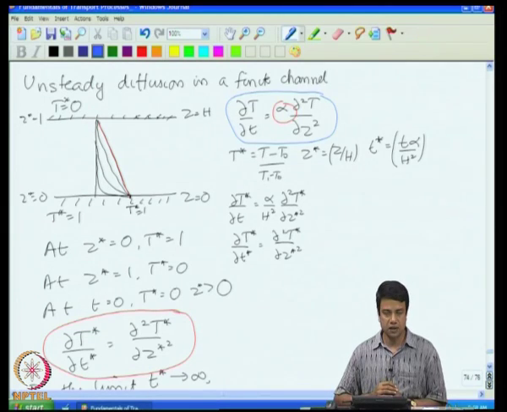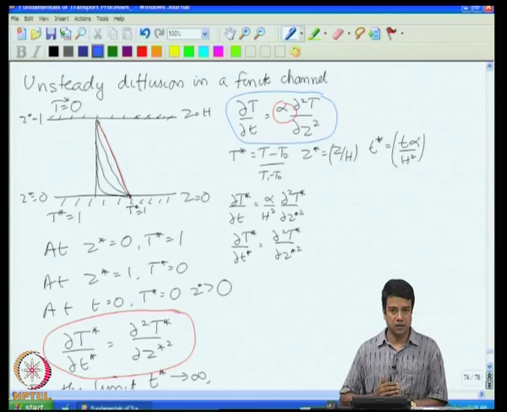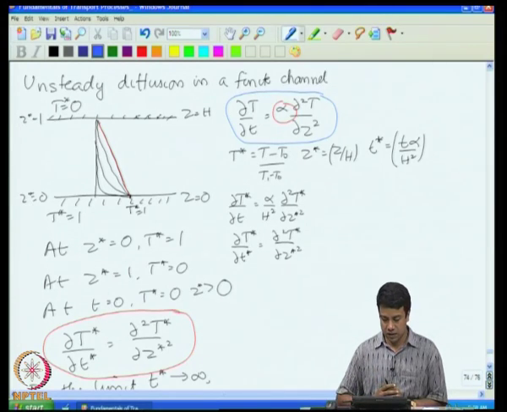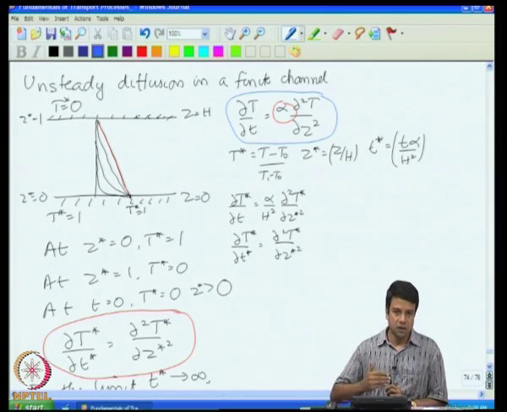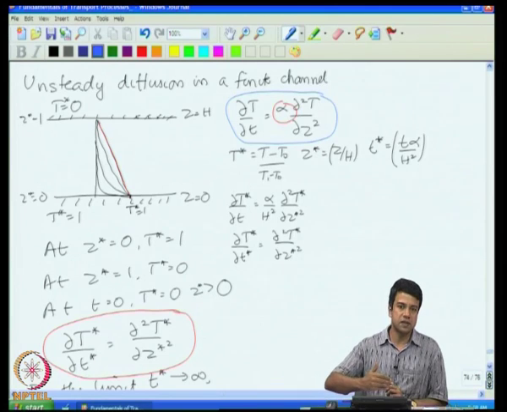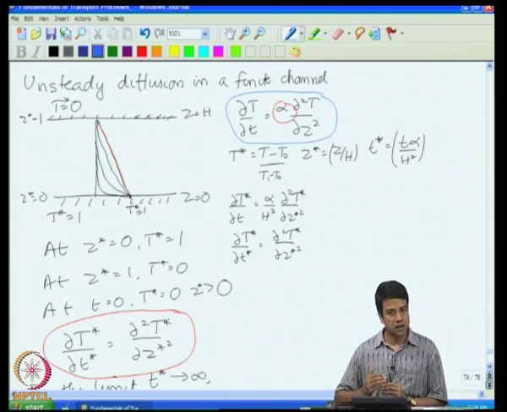Physically, this can be interpreted as follows: alpha by h square. If the time is h square by alpha, that is the time it would take for thermal diffusion of energy over a distance proportional to h. So, this h square by alpha is a time scale over which you would expect diffusion of heat over a distance comparable to h, and therefore, equilibration of the temperature field over a distance h.